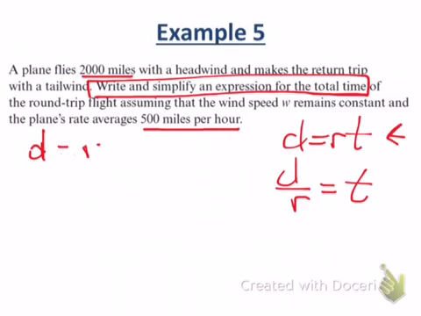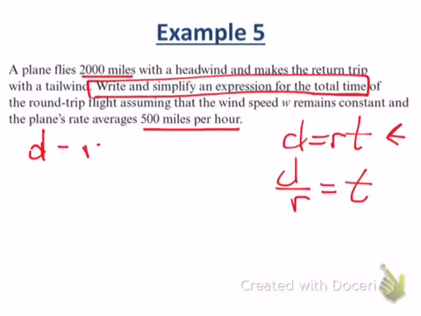Where does W fit into all this? W is the tricky part of this, and this is maybe a little bit complicated because of that. It says that the plane flies with a headwind and makes the return trip with a tailwind. The headwind means that they're flying into the wind. The wind is working against them.